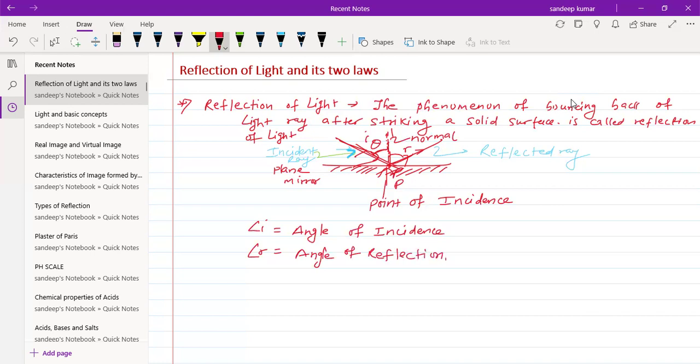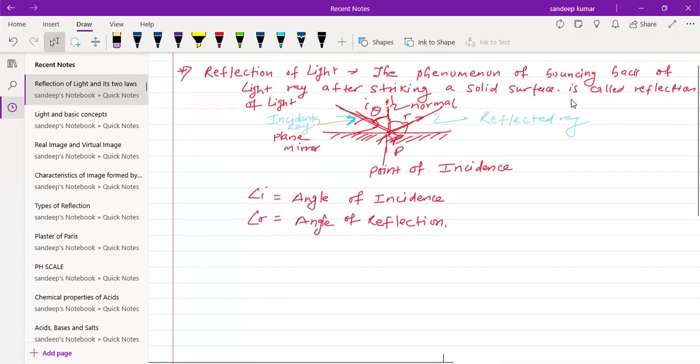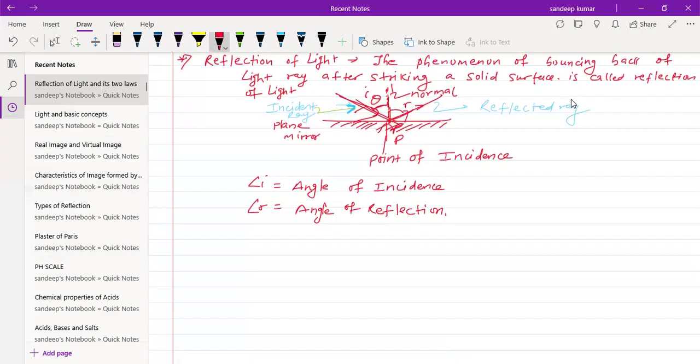Is it clear? Now, there are 2 laws of reflection, children. You should understand the 2 laws of reflection. First, you can say, the angle of incidence is equal to the angle of reflection.